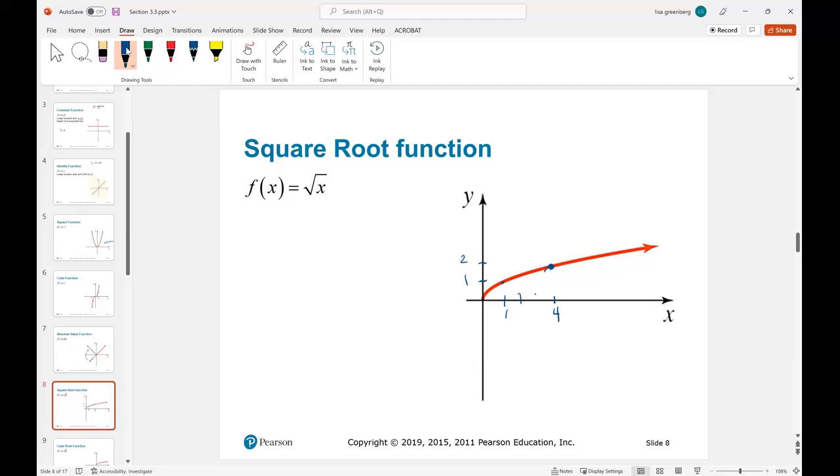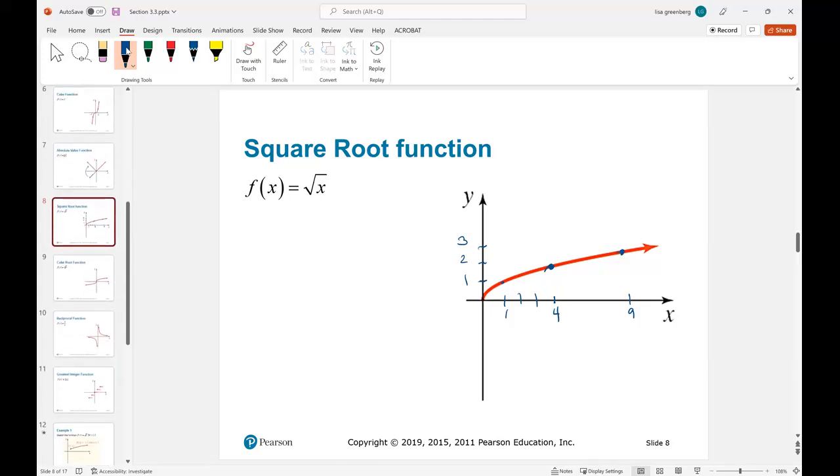And then I have 2 and 3 in the middle of that. So the x's are getting large more quickly than the y's, and that's why it's kind of sloping out like that. The next one I would get would be 3, but that's where x equals 9, so it would be out here. And that's what the square root function looks like.